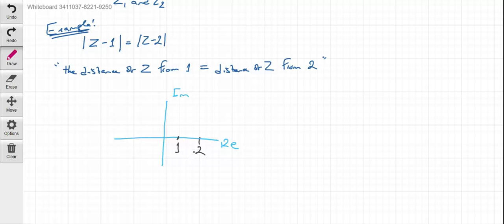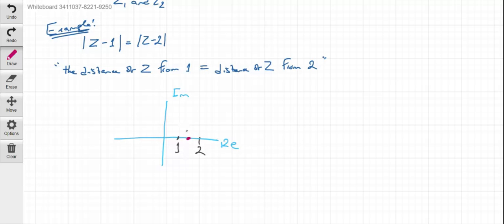The obvious answer should be this point over here, right in the middle of 1 and 2. However, if you think very deeply about this, this isn't the only possible point. This point is definitely a possible point, but it isn't the only one.